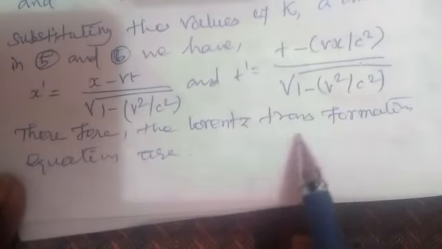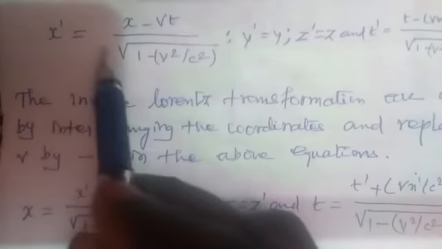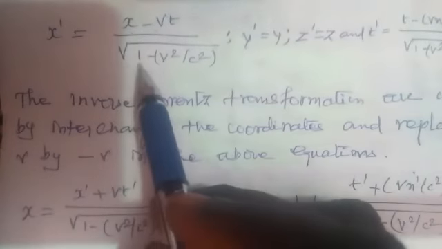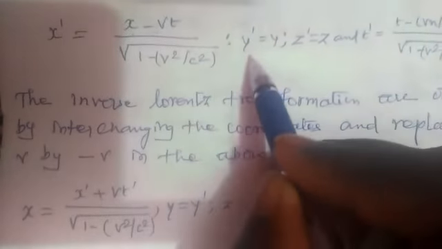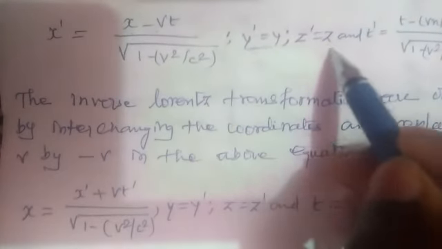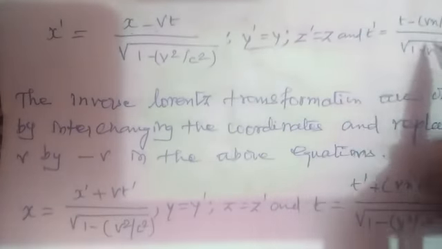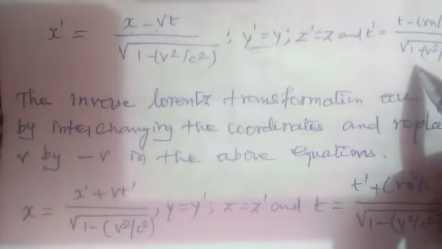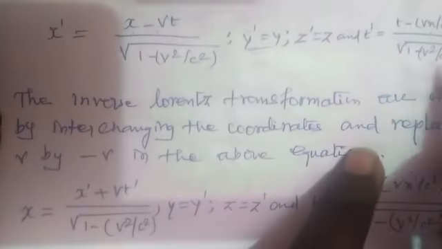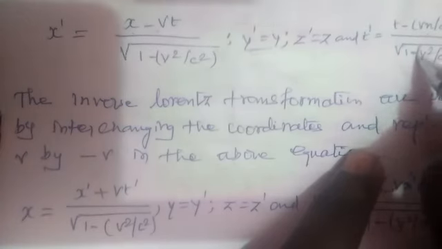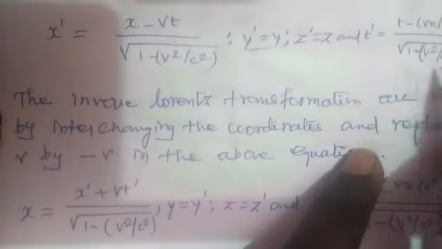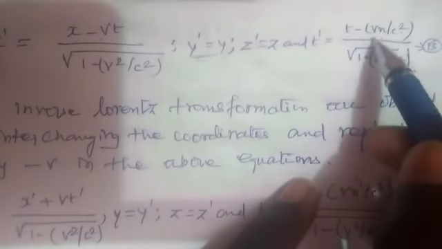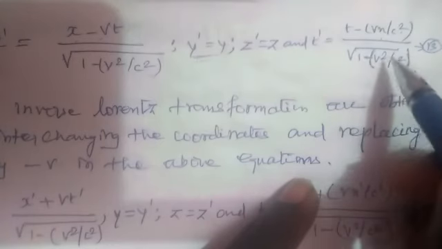Therefore, the Lorentz transformation equations are x dash is equal to x minus vt divided by root of 1 minus v square divided by c square, y dash equal to y, z dash equal to z, and t dash is equal to t minus vx divided by c square, whole divided by root of 1 minus v square divided by c square.